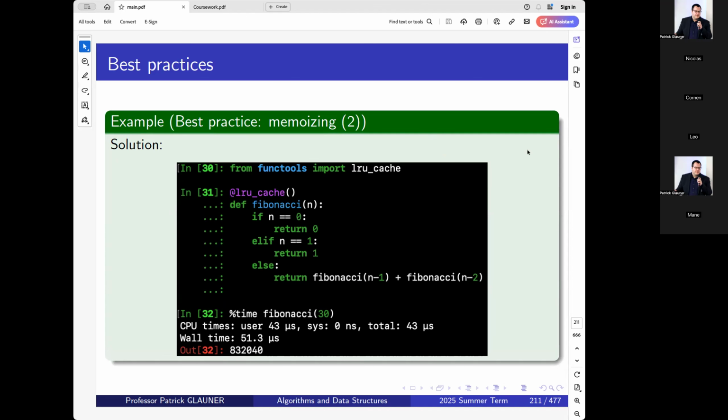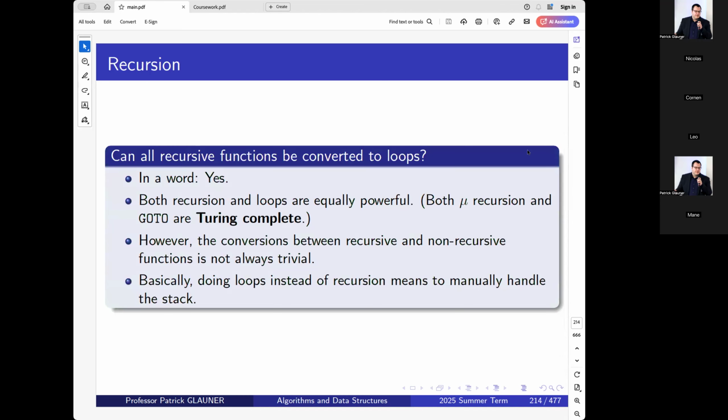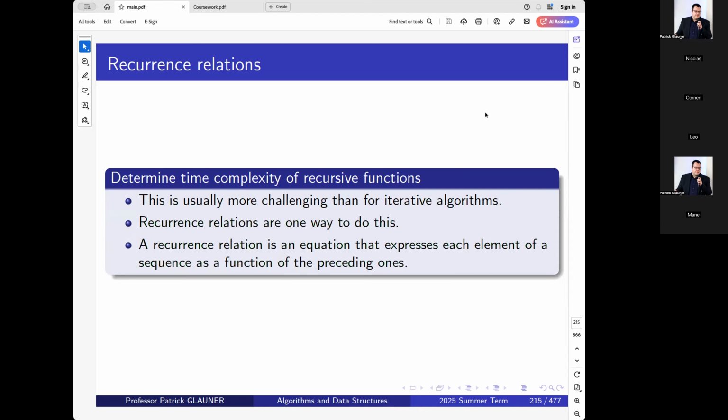If not, we compute it and then put it in the cache. We want to eliminate tail recursion whenever possible. And yes, we can theoretically always convert between recursive calls and loops. They have the same expressiveness, they're equally powerful, yet doing this is probably sometimes not that easy.